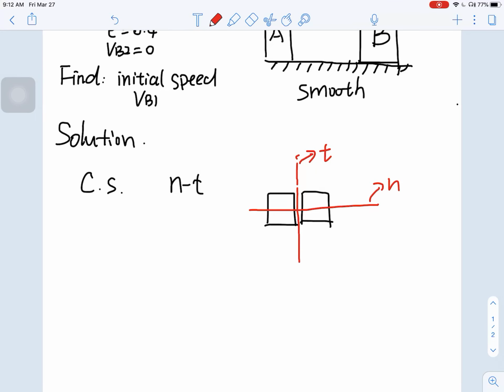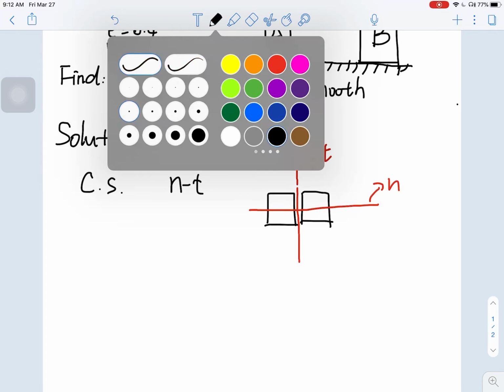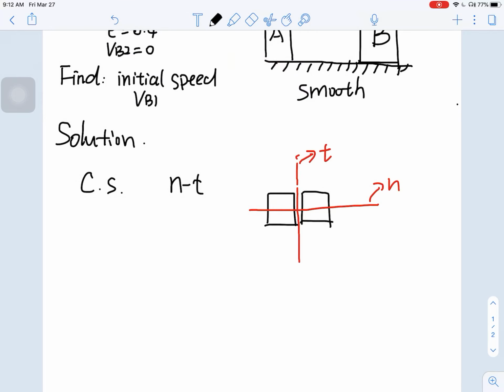Once we have our coordinate system set up, we can start by looking at just one particle. Let's look at A first. Looking only at A, there's a contact force in the n direction, but there's no sum of forces in the t direction, so we can use conservation of momentum in the t direction.